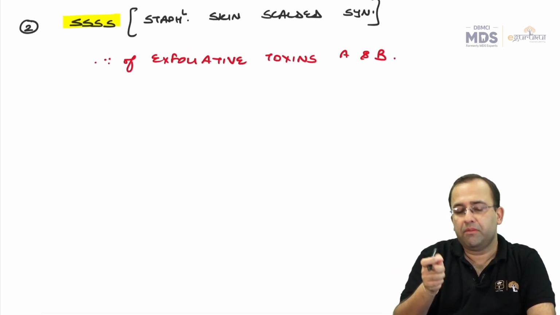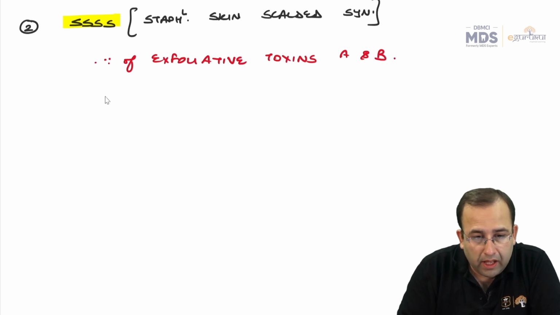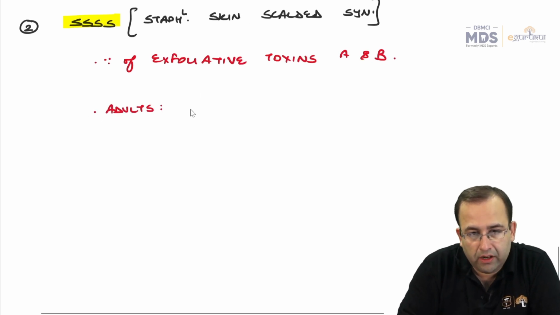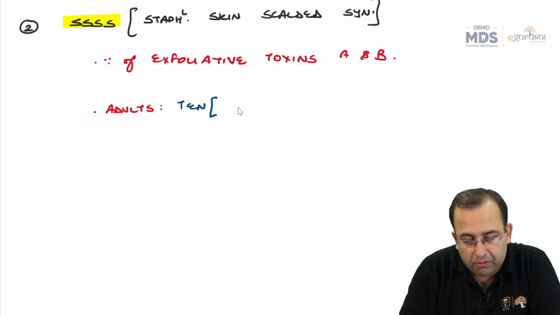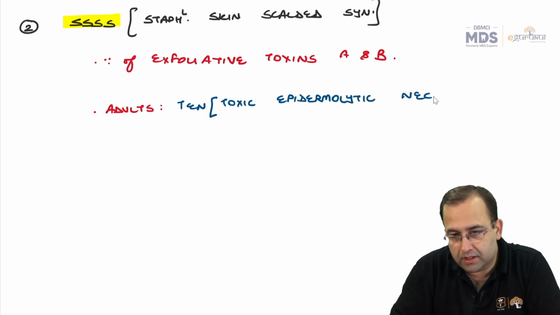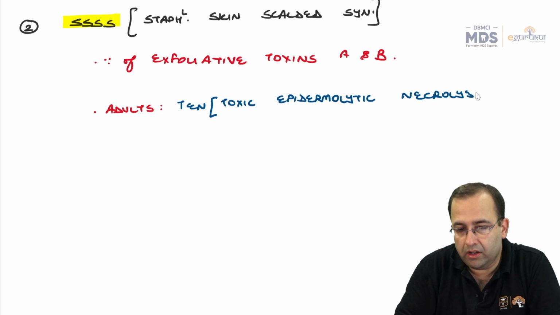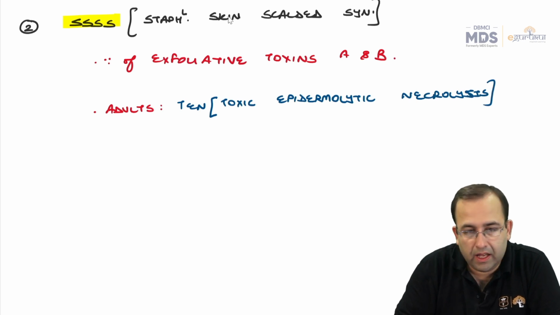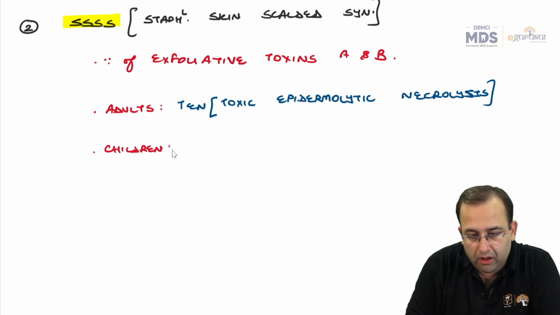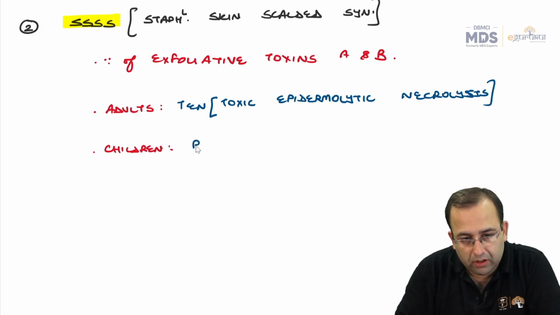So what is the dermatological name associated in adults? In adults, it is called TEN, that is toxic epidermolytic necrolysis, versus in children, where it is called Ritter's syndrome.